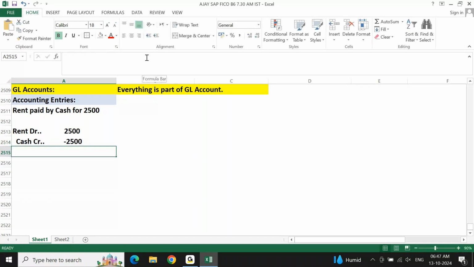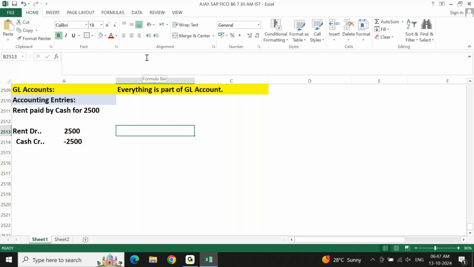Is this correct? Yes, sir. This is correct. Now from this accounting entry, you need to identify debit is which account? Rent account. GL account. This is my GL account. Cash is also GL account. Is this accounting entry clear? Yes, sir.